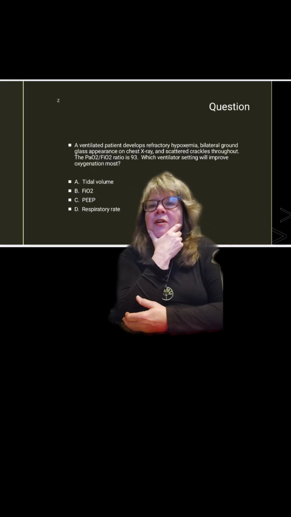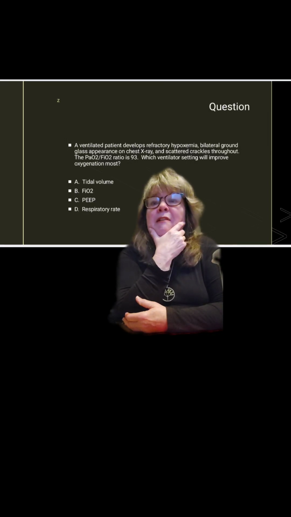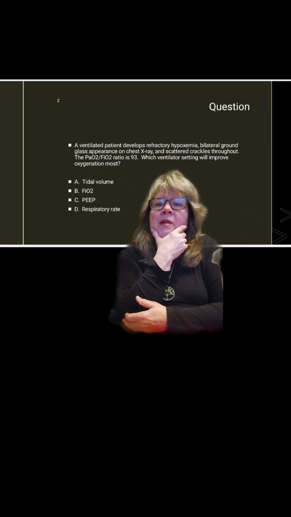Now here, this PF ratio is 93. And anything less than 100 is considered to be severe ARDS. This patient is 93. Big intrapulmonary shunt going on, right? So all of these assessment parameters come together to tell you that positive pressure is needed here.